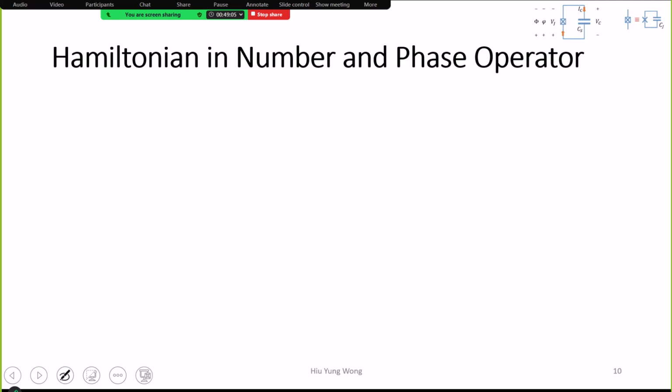So let's do this one by one, right? So the second term, we have m e to the power i phi applied to n. And based on the equation from the previous slide, this gives me n plus 1. So what is the value of this? The inner product between m and n plus 1, what do you get?